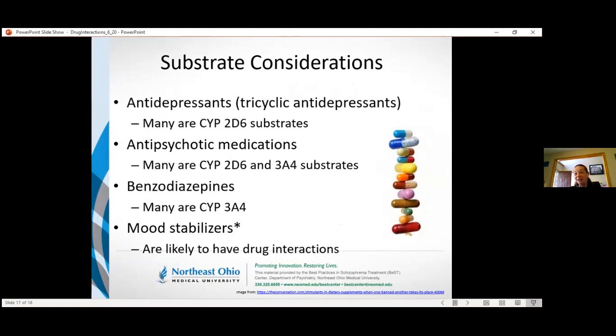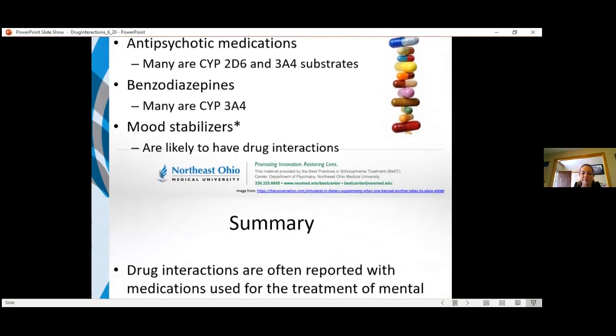So if other providers, their family practice doc, maybe an infectious disease physician, are adding other medications, they may also impact ours. So really important to have that collaboration and coordination of care.